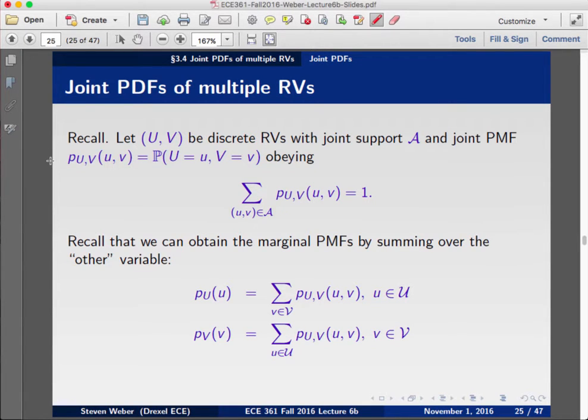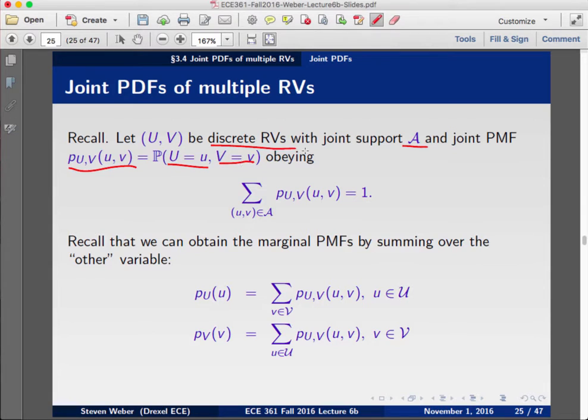All right, so let's recall this notion of obtaining the marginal distribution from the joint distribution. We discussed this in the context of multiple discrete random variables. So let the pair u comma v be a pair of discrete random variables, and suppose they have some joint support script A on the xy plane, and they have a joint probability mass function, little p sub capital U comma V, which is shorthand for the probability that the random variable U takes value little u, and the random variable V takes value little v.